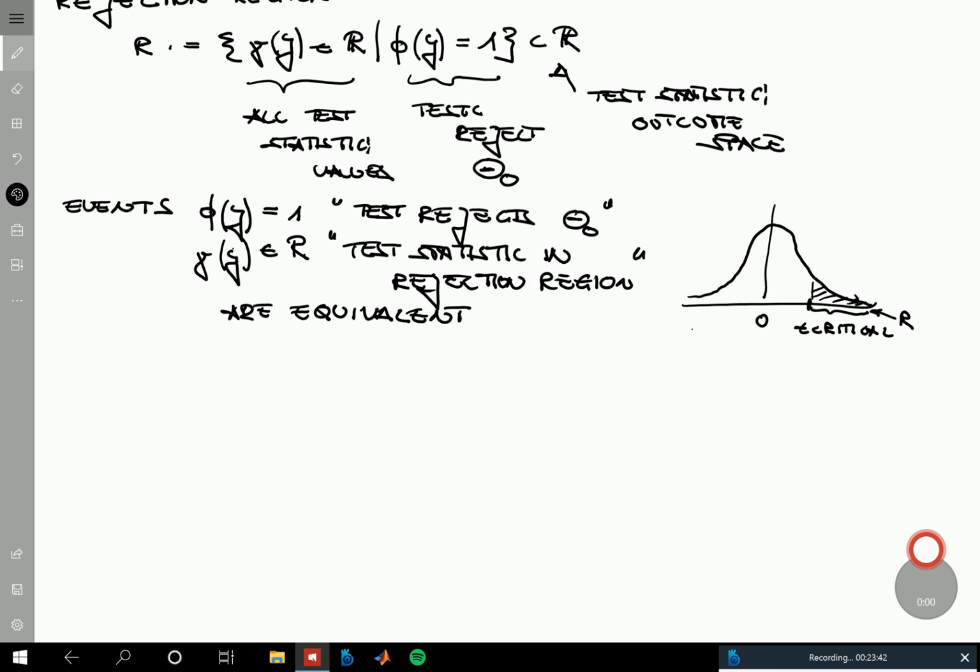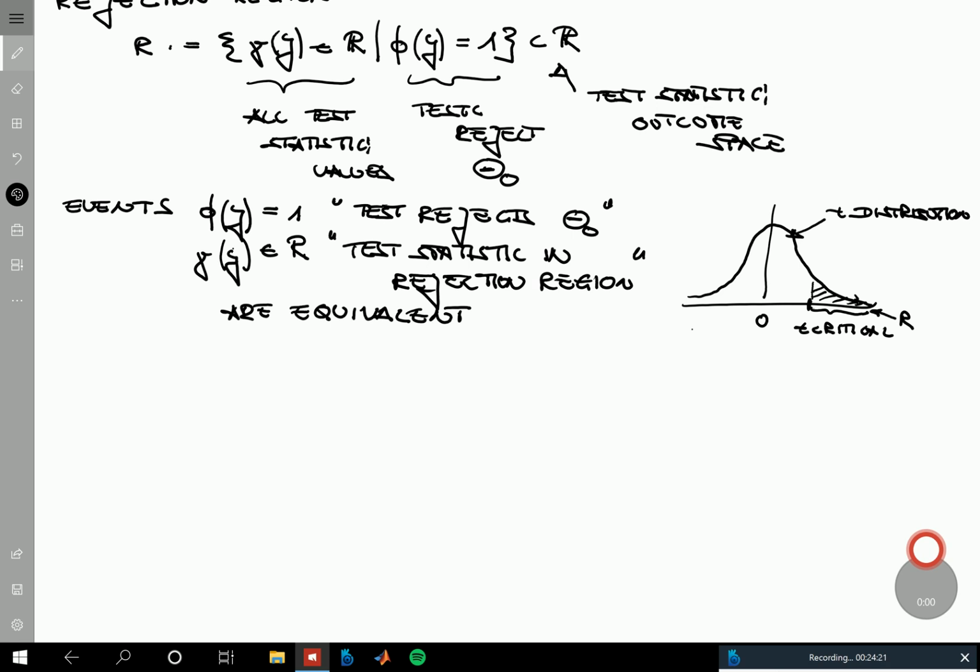But if you want to compute the probability that phi is 0 or phi is 1, you have to think about the probability of the test statistic to fall into the test rejection region, because that's where you have the probabilities much more readily at hand, because you get these distributions, in this case the t-distribution, by applying the formula of the test statistic to the probability mass or density function of the data.